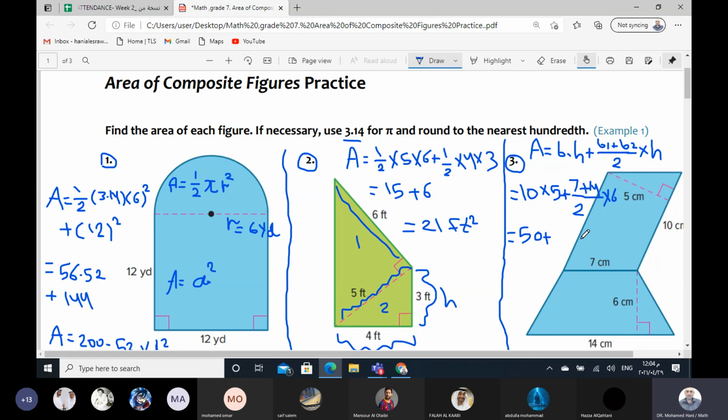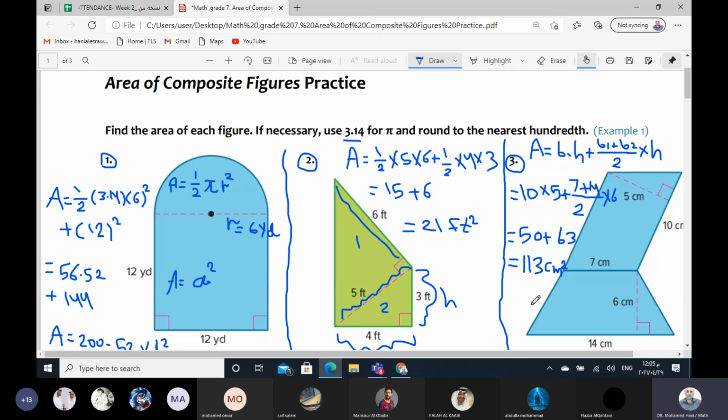Now 21 divided by 2 will be 10.5. 10.5 times 6 will be 63. Now 63 plus 50, the answer will be 113 centimeters squared.